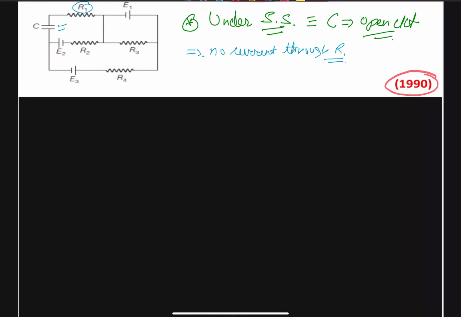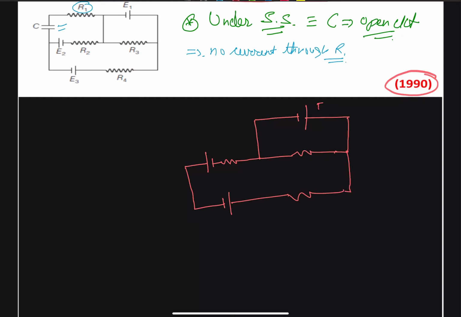So we are going to have a battery source, and here we are going to have another battery source, the resistance, and here also resistance, and then there will be another battery source, and we have resistance.